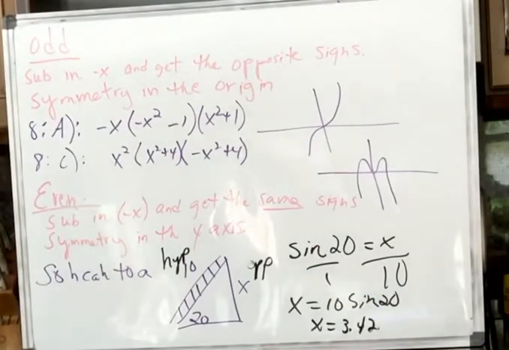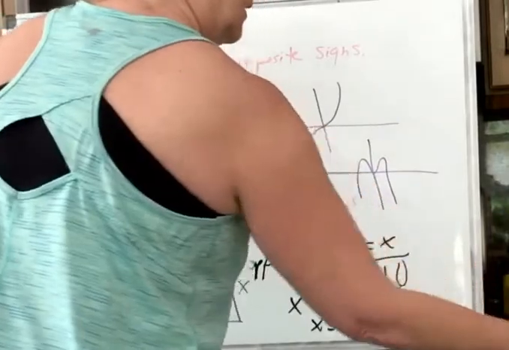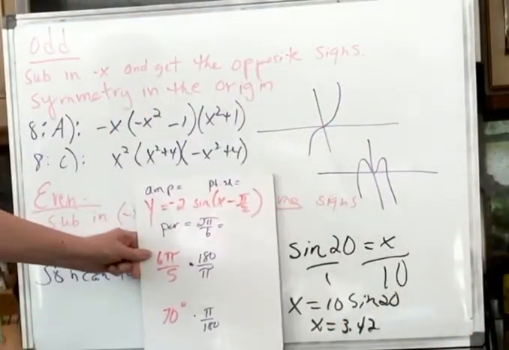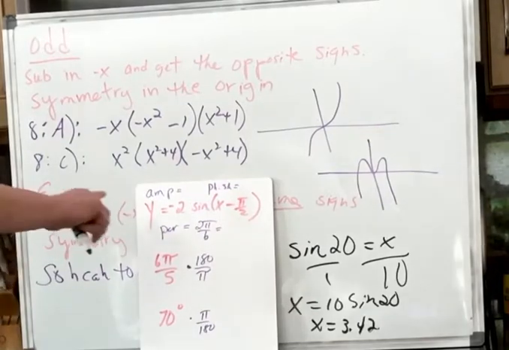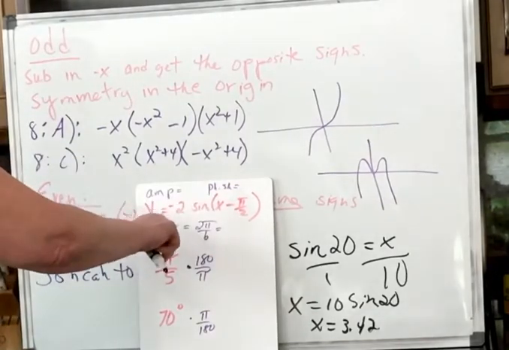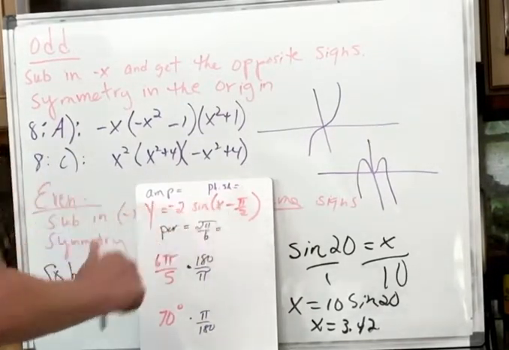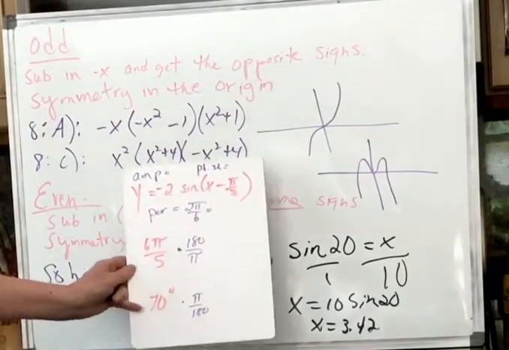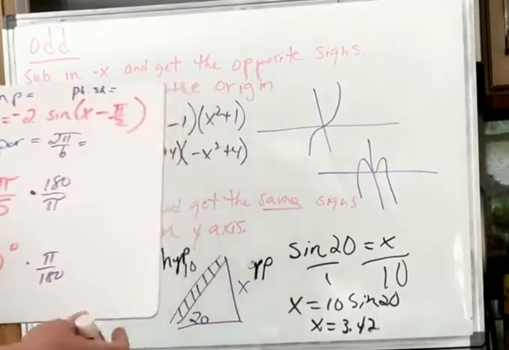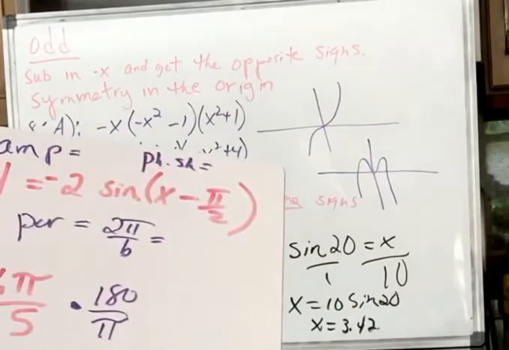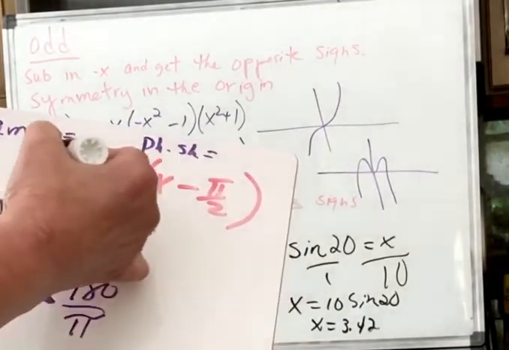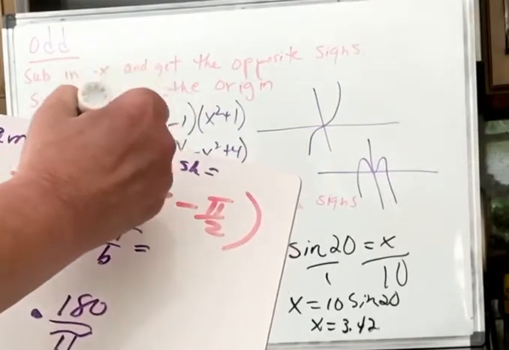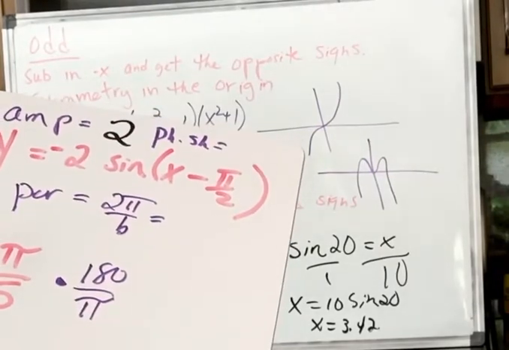Last topic I'd like to go over with you for part of your review are trig graphs. This is a typical sinusoid, y equals -2 sine (x minus pi over 2). The amplitude for this function is always positive, so the a value is -2, the absolute value would be 2, so the amplitude is 2.